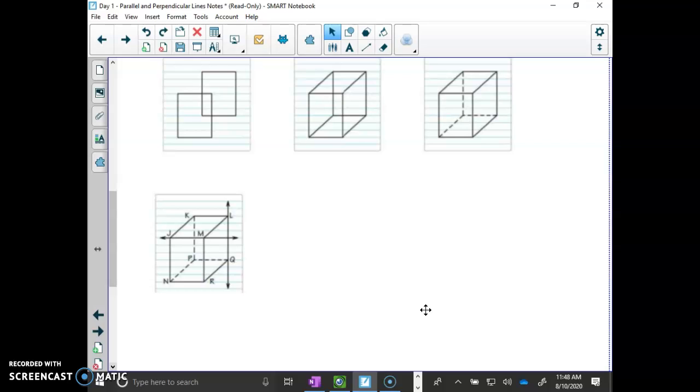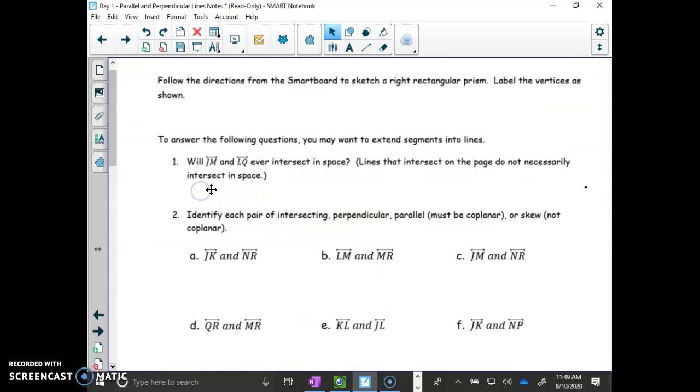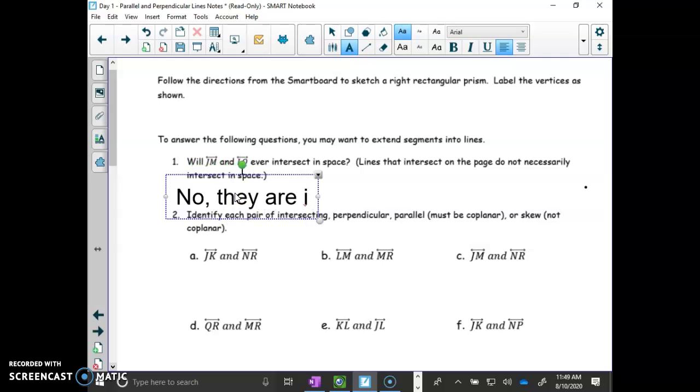One's behind it, yeah. And what you can say is that they are in different planes. Okay? So what you're going to say up here is no, they are in different planes.